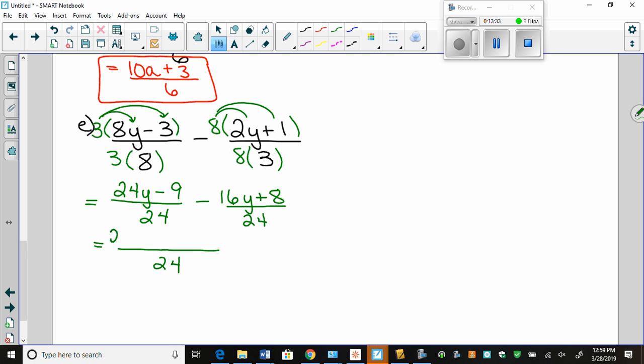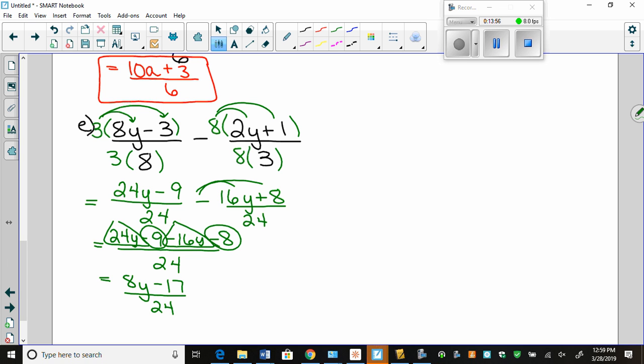Then I get 24y minus 9 minus 16y minus 8. I'm left with 24y minus 16y is 8y, minus 9 minus 8 is minus 17, over 24. Still no non-permissible values. So that's where we're going from here.